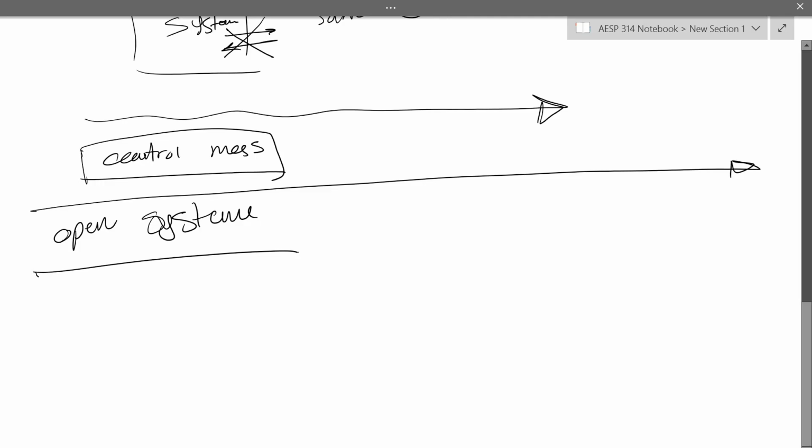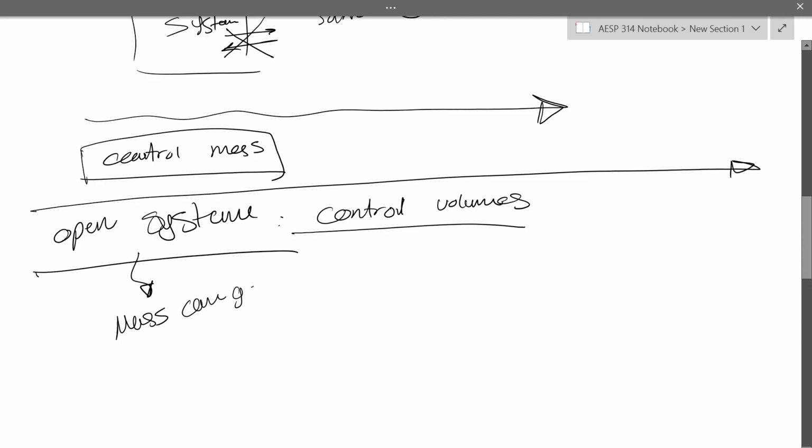Who can tell me what is the definition of an open system? Yes. We usually use control volume as synonymous with open systems, but they're not really synonymous. Open system generally refers to a system from which mass can transfer, can go out or come in.